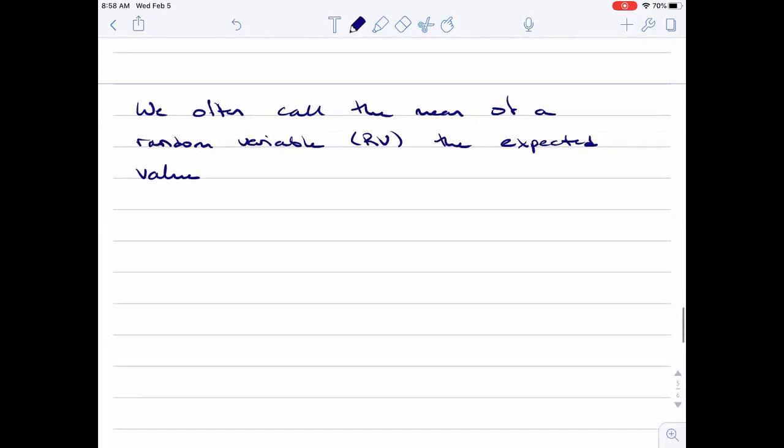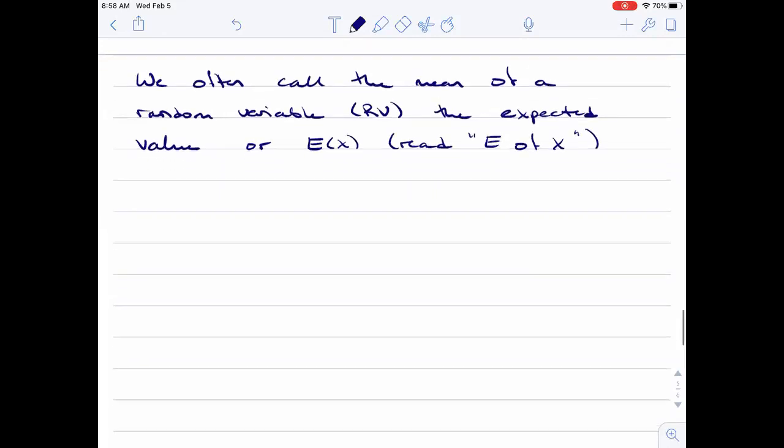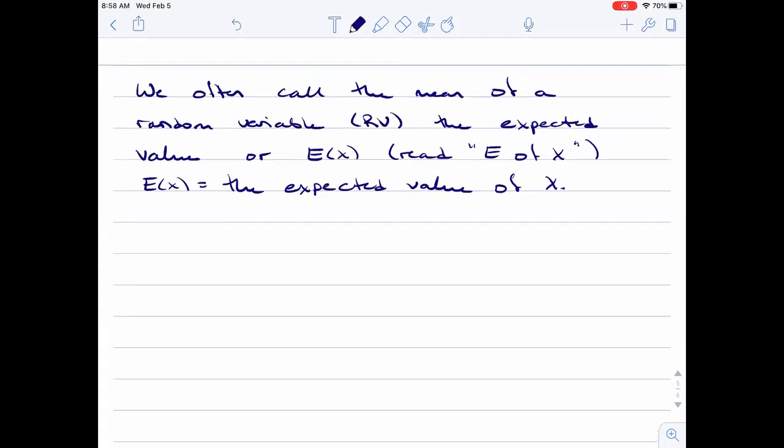The expected value, or E of X, which you're going to read as E of X, is the expected value of X, where X is some random phenomenon generating outcomes.